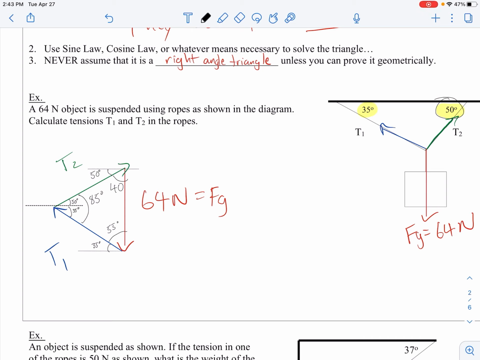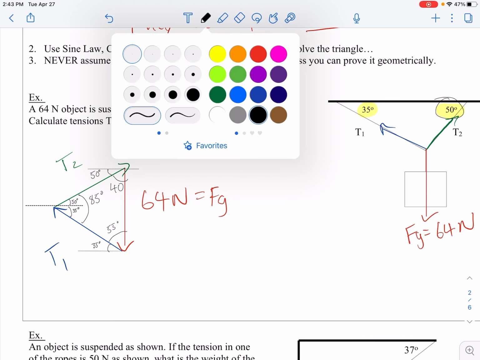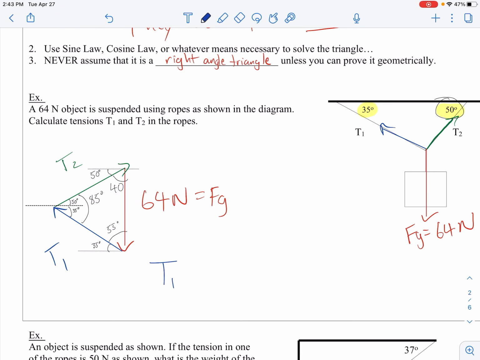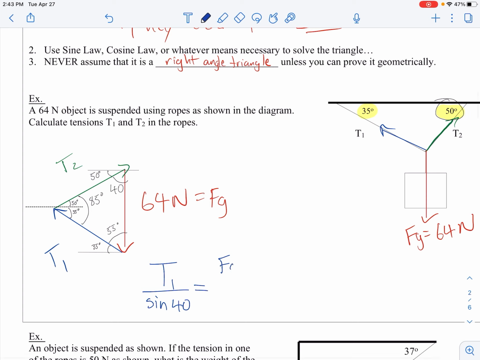Let's start by solving for side T1. We can look at the opposite side, so the sine law: T1 over sine 40, which is the angle of that opposite side, is equal to, using the side we know, Fg over sine 85, which is its opposite side.